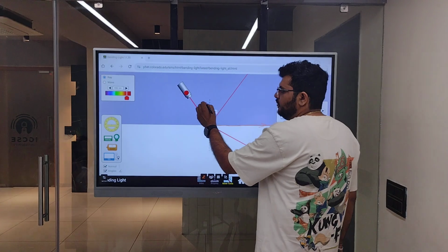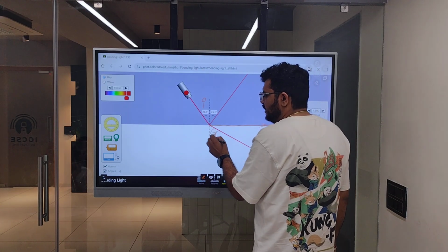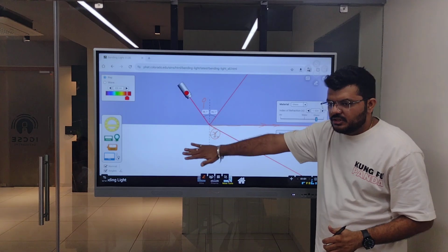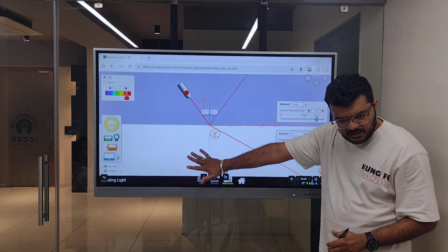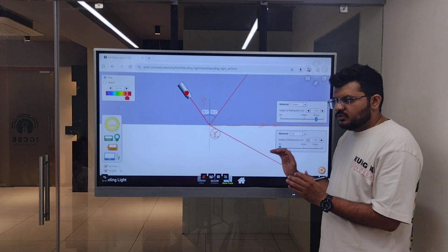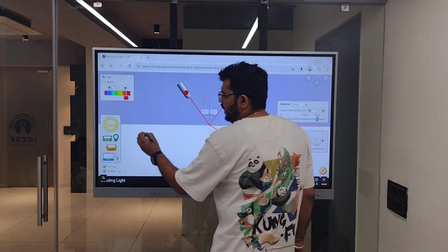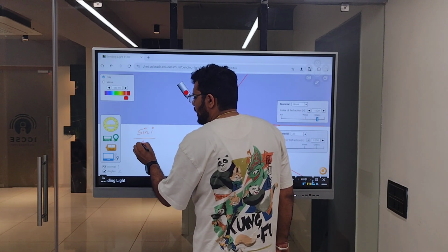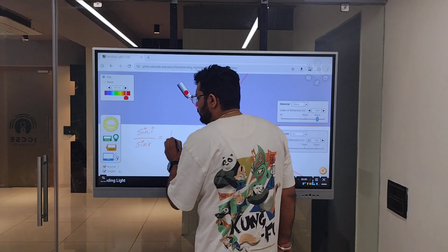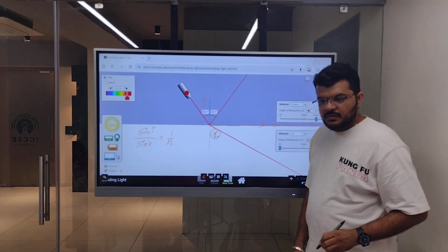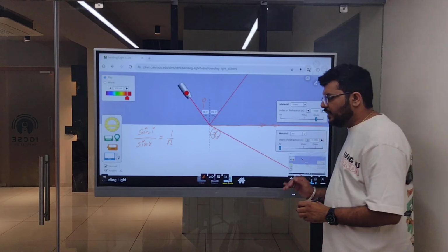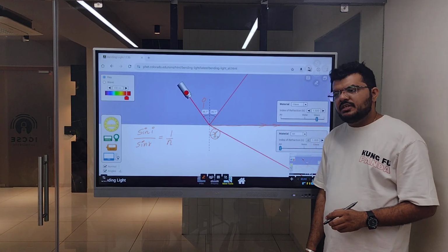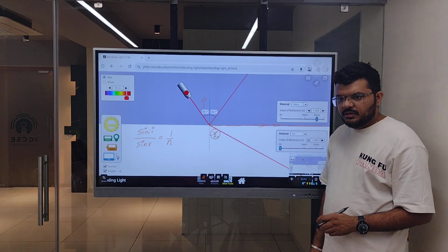This is our angle of incidence right now and this is our angle of refraction, because it is going from denser to rarer. Can I write sin i upon sin r is equal to 1 by n? Let's forget retracing the light. Here n is the refractive index.